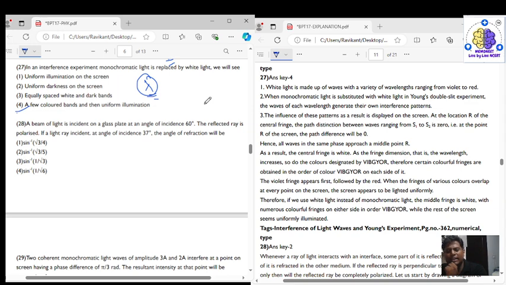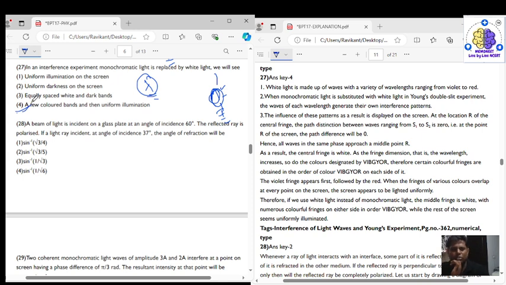But at center there will be a central maxima which will be of white color. So in white light there is a bright white central maxima, but on both the sides of the central maxima we have bands of different colors forming maxima and minima. Therefore the correct answer for question number 27 is option 4.